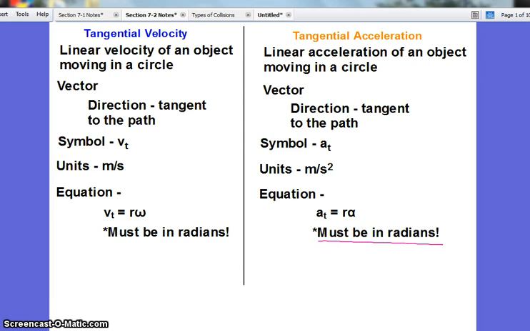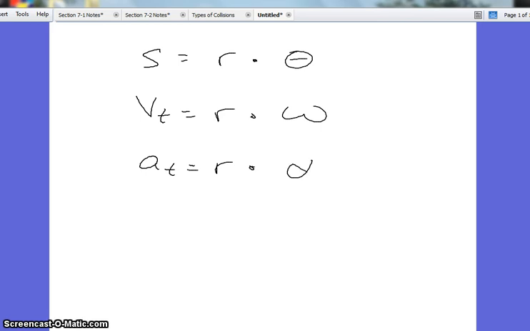Now to just recap here, the connections between the angular and the linear or tangential. Here's all of our equations that relate the two together, and we'll see that there is a pattern in that our radius is really just acting like a conversion. All of our Greek letters, we must be in radians.